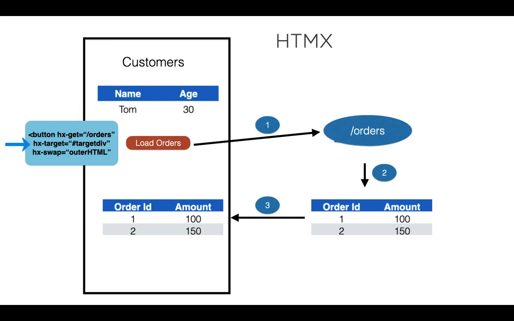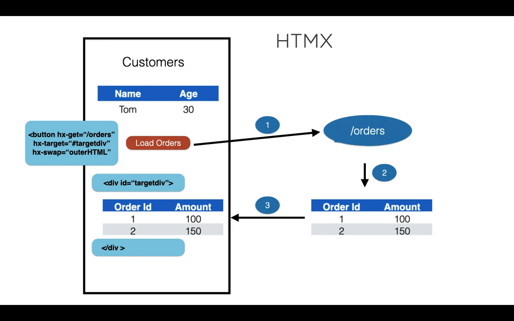The hx-target specifies which DOM element would get loaded with the returned HTML, here the target div. The hx-swap would specify what would get swapped. Here we are saying outer HTML. So it is very easy and intuitive, and unlike AJAX calls, it does not involve complex JavaScript coding.